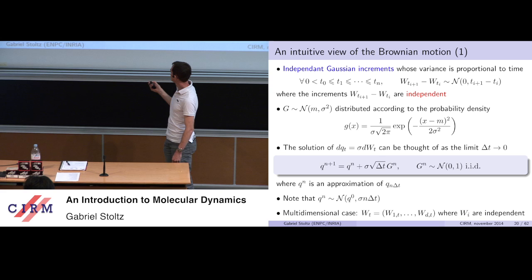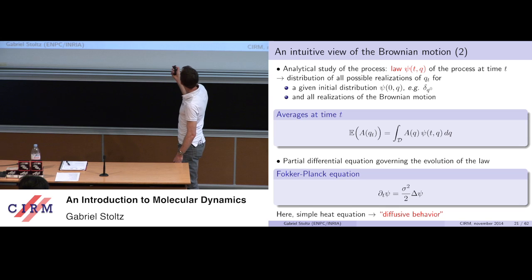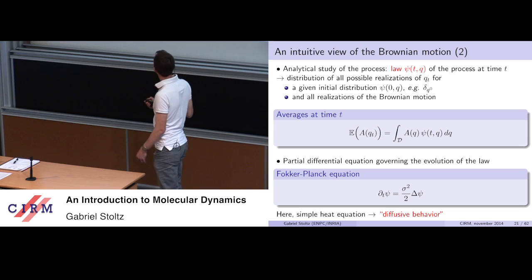So I can start from q_0 equals 0, for instance, do one trajectory with a certain set of Gaussian random numbers, another trajectory, another one, infinitely many, and I look at the distribution of the ending points. This is encoded in the law psi_t of q_t, the process at time t, and from a pragmatic viewpoint, it can be thought of as the histogram of all possible realizations at a given time.